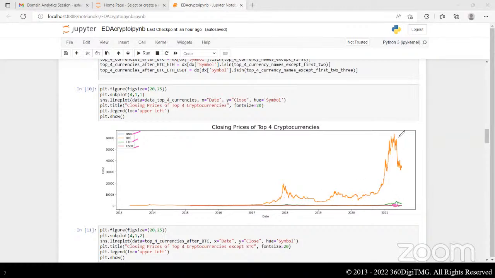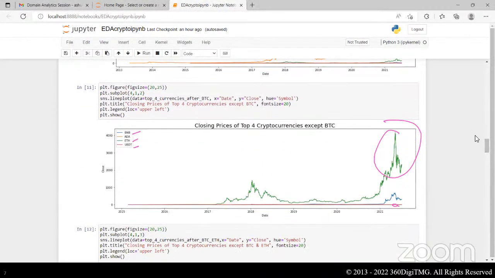So the highest closing price for your cryptocurrency was for your Bitcoin. Now, all this is fine.